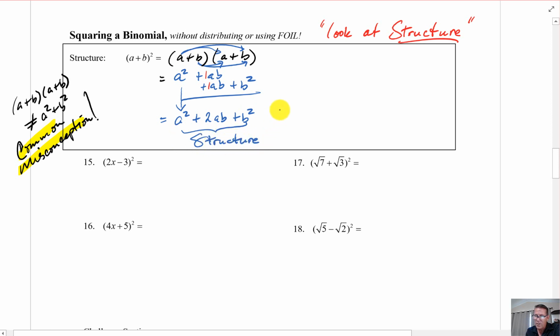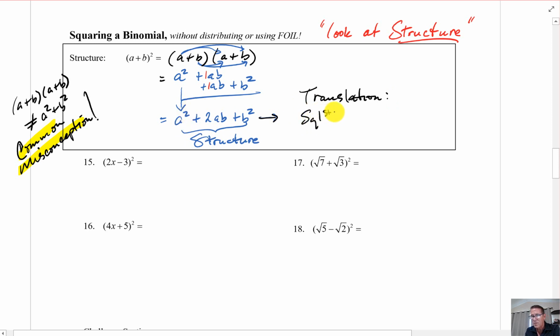So how can we use this to our advantage? a and b are the terms in the binomial. So what this structure is telling me, this is the translation now: take the first term a and square it.